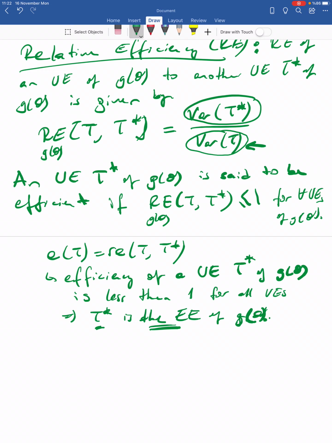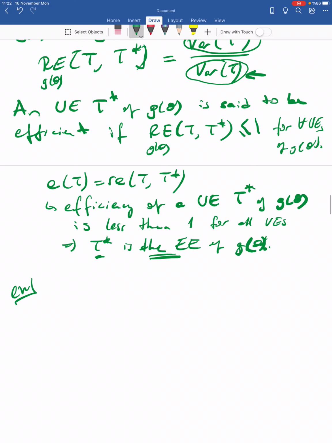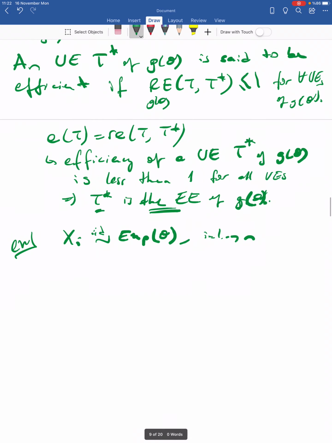So it's not that easy to do that actually, so we have different approaches. Let's consider an example. Let's say we have a random sample of size n again, from an exponential distribution, i from 1 to n. If I say IID like that, this means that we have a random sample. Consider two unbiased estimators of theta.